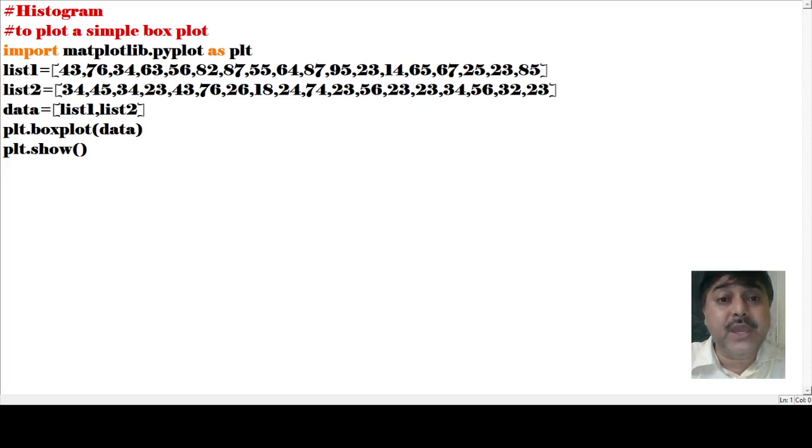Then we have pyplot as plt. In this pyplot system we are constructing the structures for the declaration, isn't it?